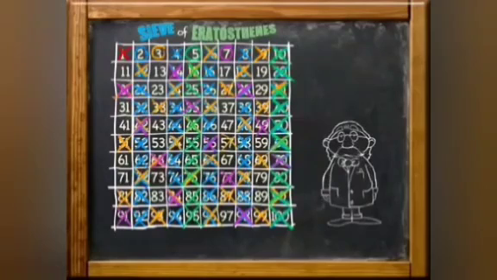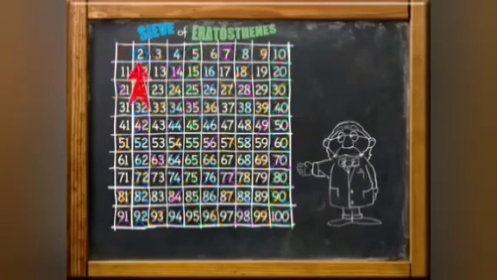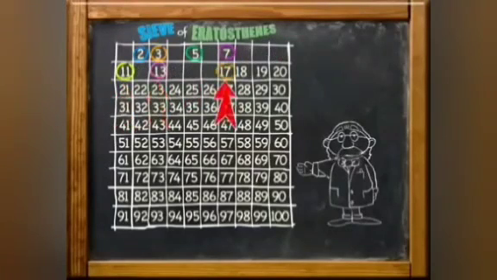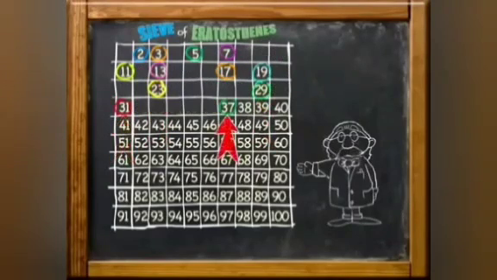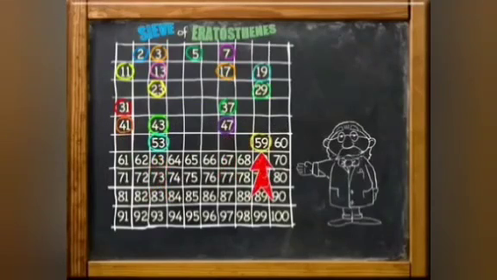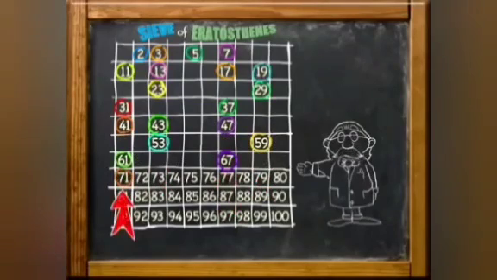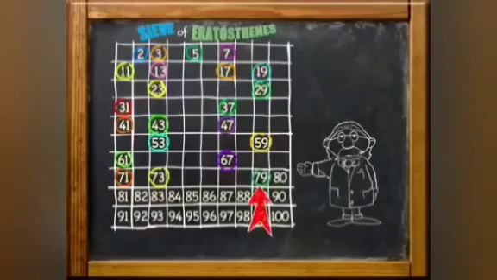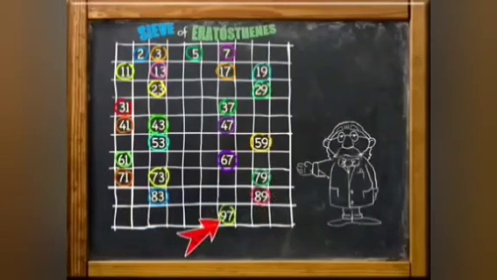Our prime numbers between 2 and 100 are 2, 3, 5, 7, 11, 13, 17, 19, 23, 29, 31, 37, 41, 43, 47, 53, 59, 61, 67, 71, 73, 79, 83, 89, and 97.